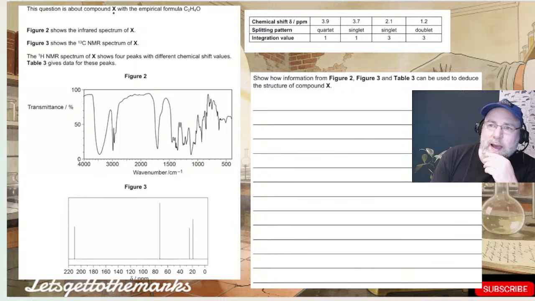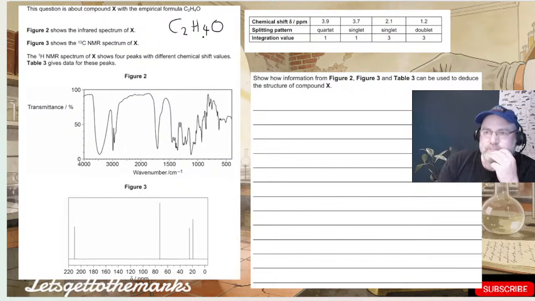The question is about X with the empirical formula. Look, the empirical formula is C2H4O. Sometimes you'll have to work that out. Nice, easy mark. They'll give you the percentage and then you've got to work out the empirical formula. It shows the infrared spectrum of X and the C NMR spectrum of X. The spectrum of X shows 4 peaks with different chemical shift values.